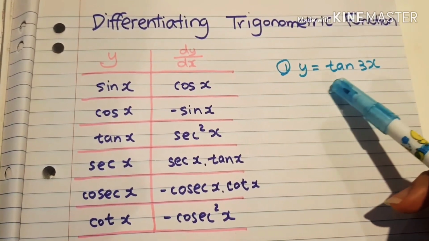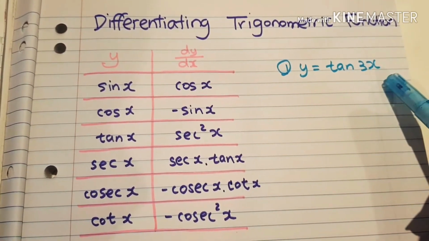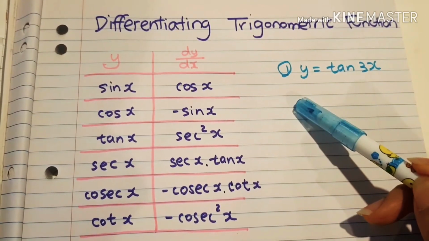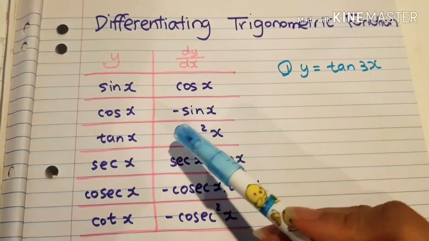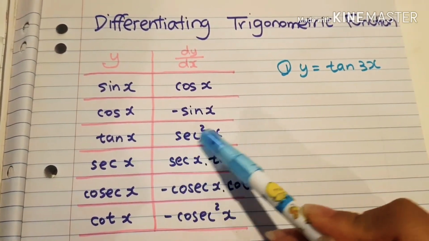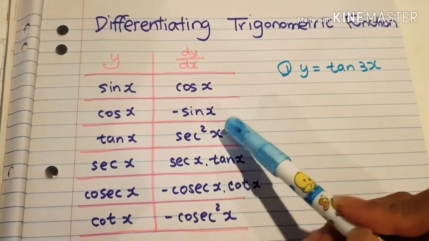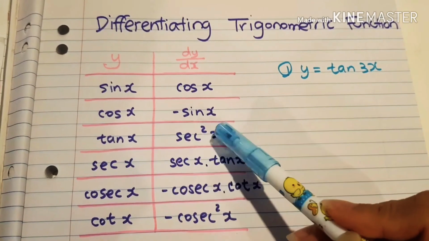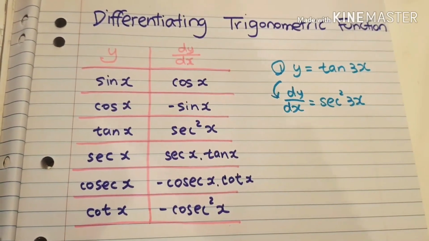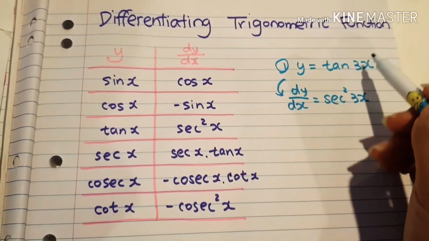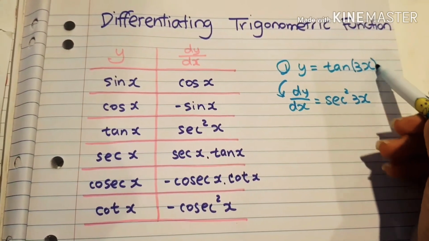So y is equal to tan 3x. Right, if I differentiate this one, where's my tan? Tan's over here. If I differentiate this one, it's going to be sec squared, right? And then x, so if it's 3x, it's going to be 3x, right? Okay, again, we can put this in the bracket.